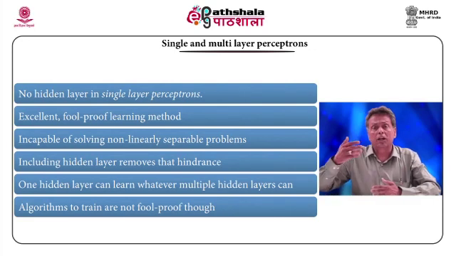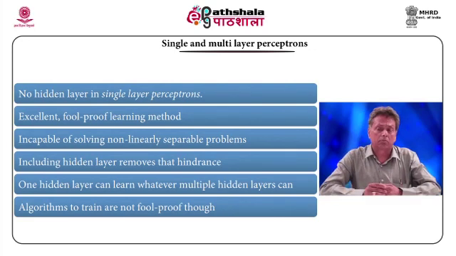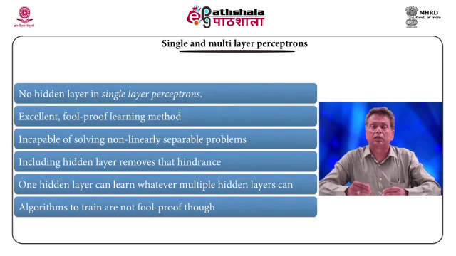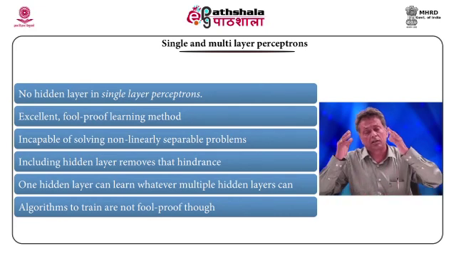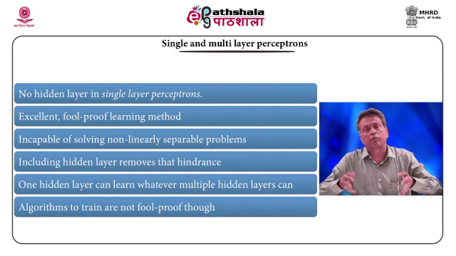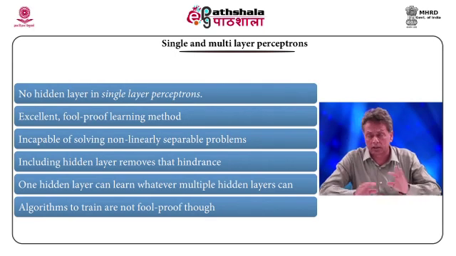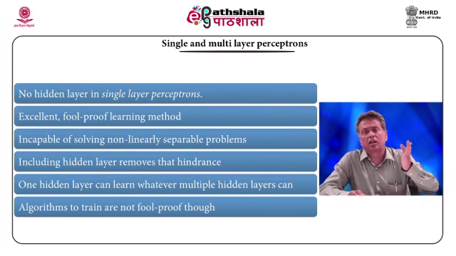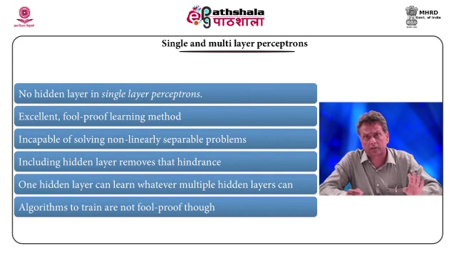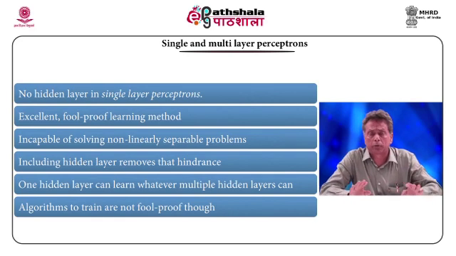It is possible to have multiple hidden layers, but the theory says that a single hidden layer can do the job which multiple hidden layers can do. So, one single hidden layer is good enough for solving any problem.